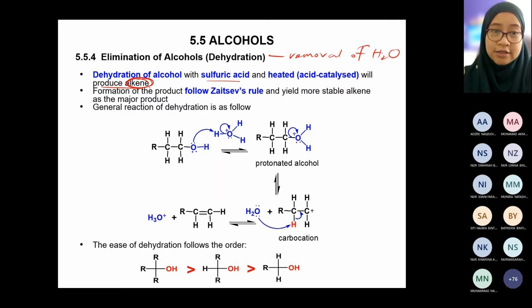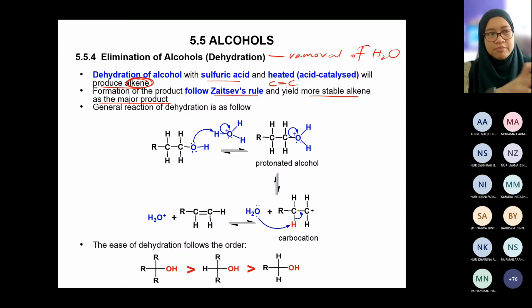To produce alkene, it follows the Zaitsev rule. Zaitsev covers the C double bond C as the product, and yields the more stable alkene as the major product. So you already understood how the product is formed following the Zaitsev rule. You just apply it to alcohol. That is one good thing, it's not something new.